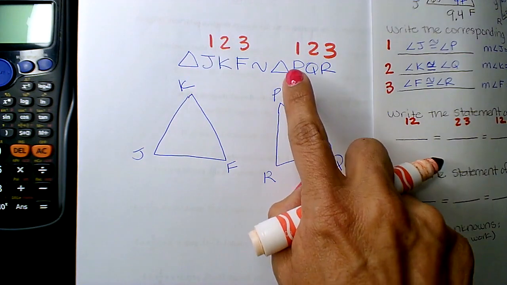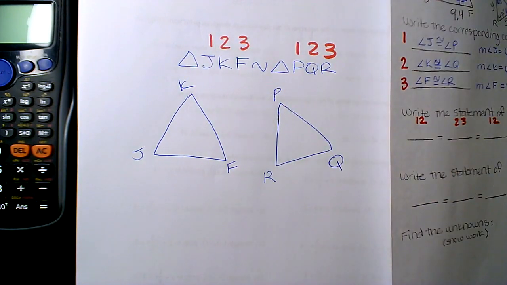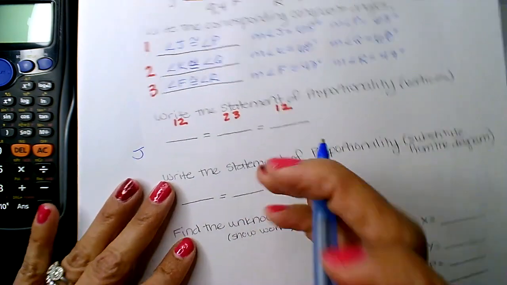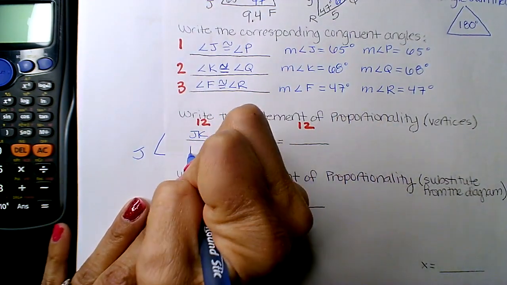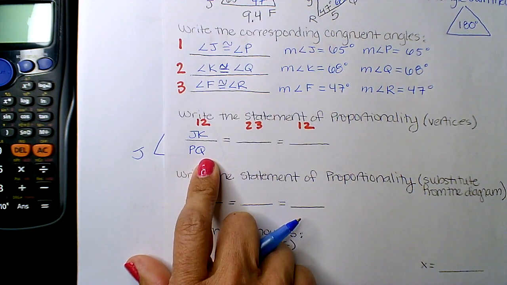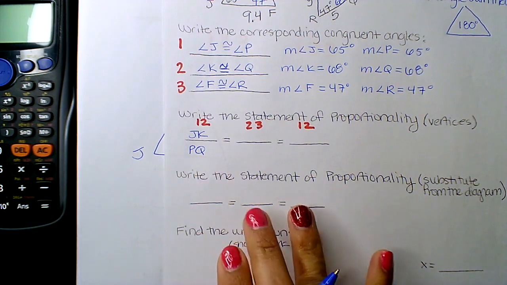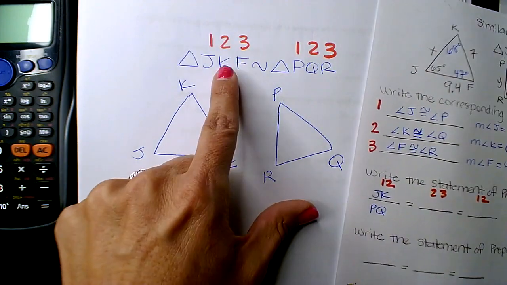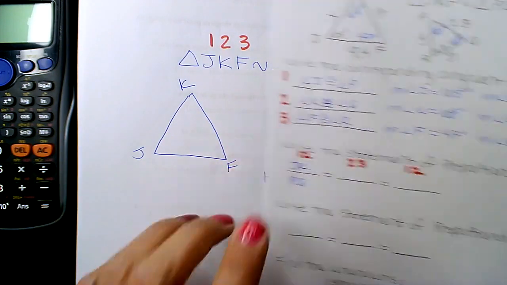JK and PQ. JK and PQ are corresponding sides because they're the first 2 letters. 2 and 3, KF, QR.